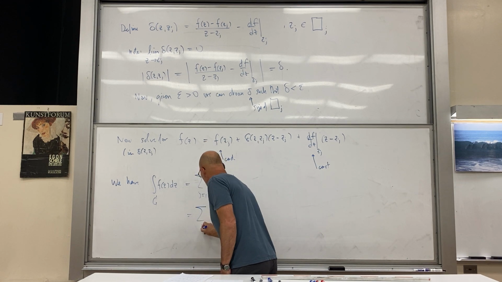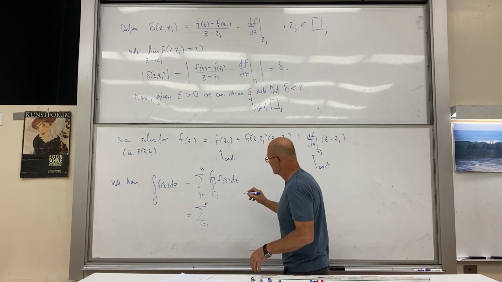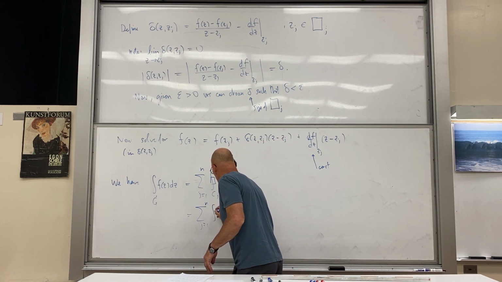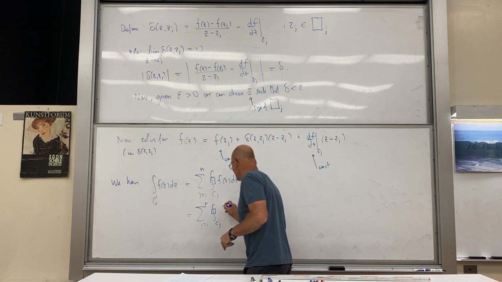Sum over j equals 1 to n, box c sub j. Now we'll substitute all of this in here.